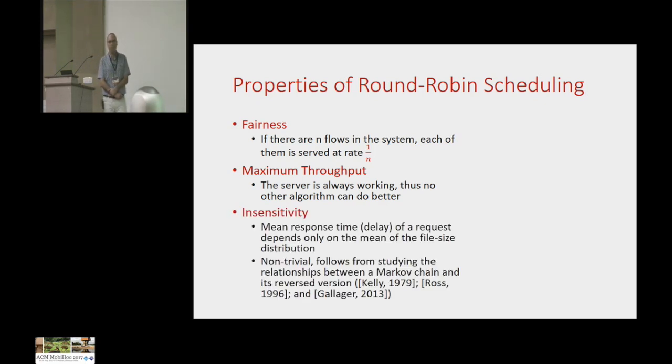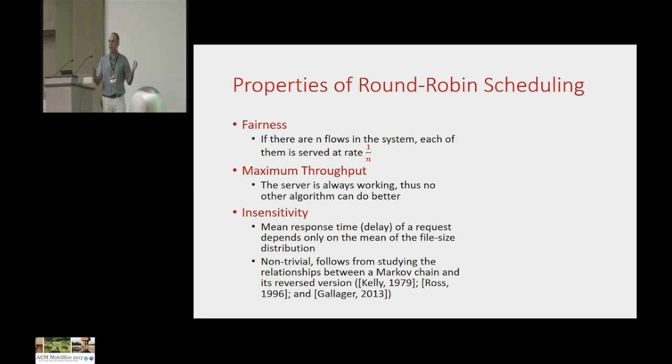And it has this insensitivity to the size of the file. That's the key aspect that we care about also in the wireless setup, where the mean response time or delay of a request depends only on the mean size of the file.